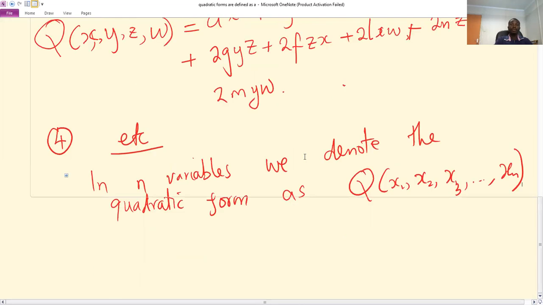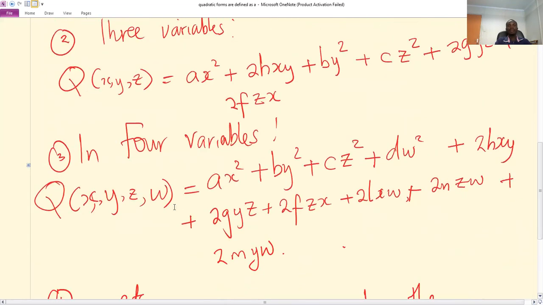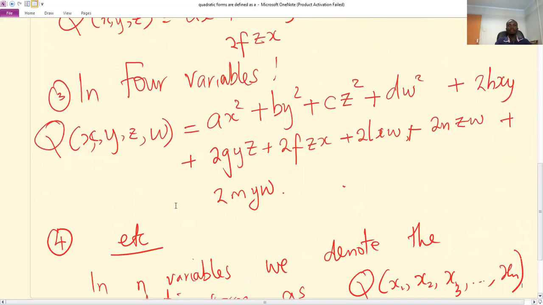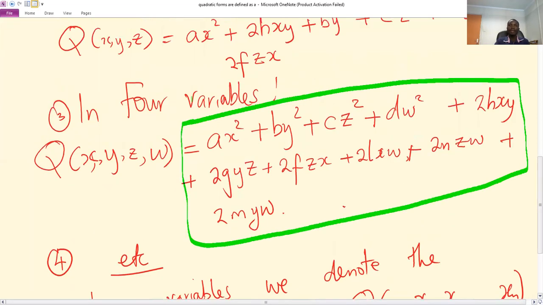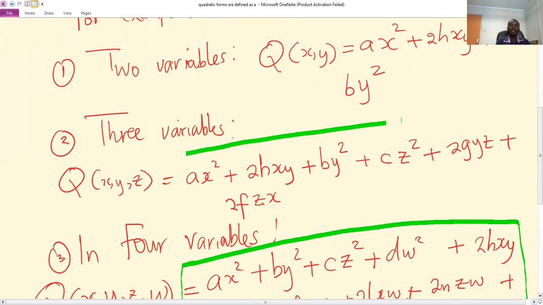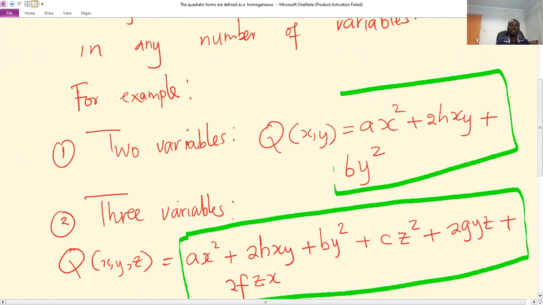But from what you have written here, the examples of these quadratic forms, q of x, y is ax squared plus 2hxy plus by squared, and then the examples we have given in three variables and four variables, we may not clearly see how the structures are coming in, or how these expressions come into existence.